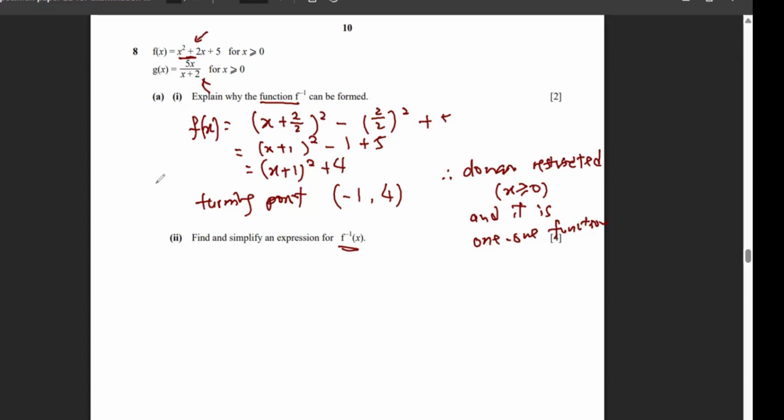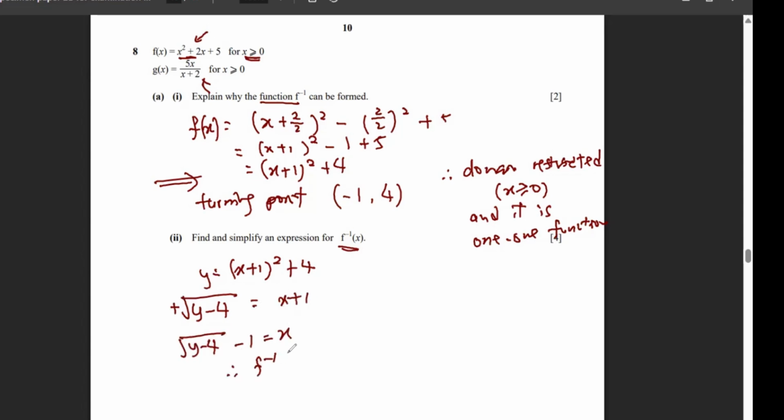So if you already have the completing the square form here, you can directly write here as this, and we slowly change the subject. When the square is thrown to another side, it depends on x being more than or less than the number. If they want the more than situation, here must be a positive value. Then we can confirm f inverse is square root of x minus 4, minus 1.